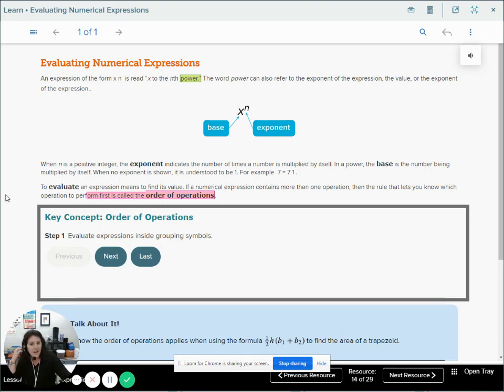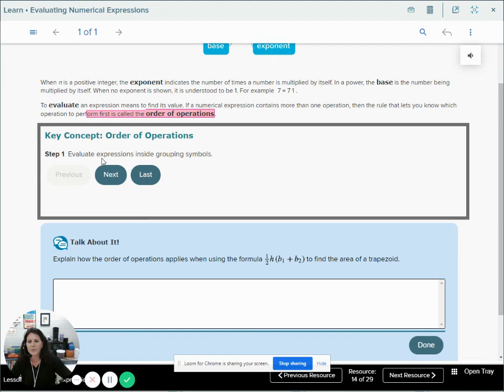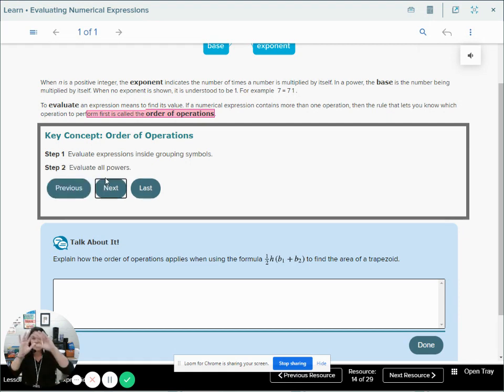And when I'm evaluating an expression, we're finding its value, it's important to know that we find parentheses first, then we take care of our exponents. So, concept of order of operations. First, we evaluate the expression inside of the grouping symbols. That's inside of the parentheses. Then we take care of all powers. We do those little exponents.